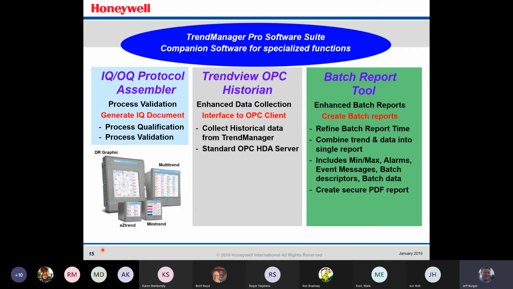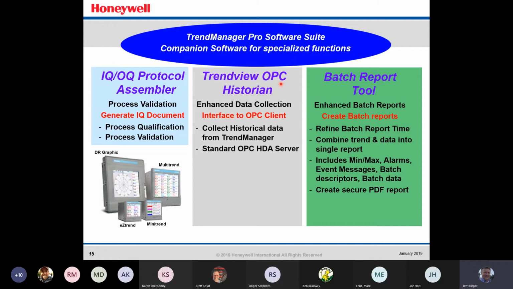TrendView OPC Historian is the next one. This is a way to collect the data over OPC, and it offers a way to collect historical data from the trend manager. It uses a standard OPC HDA server.